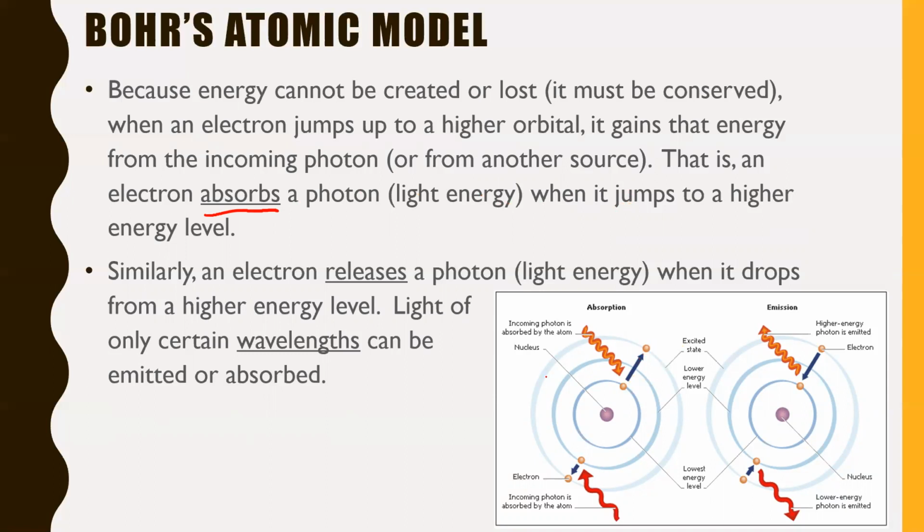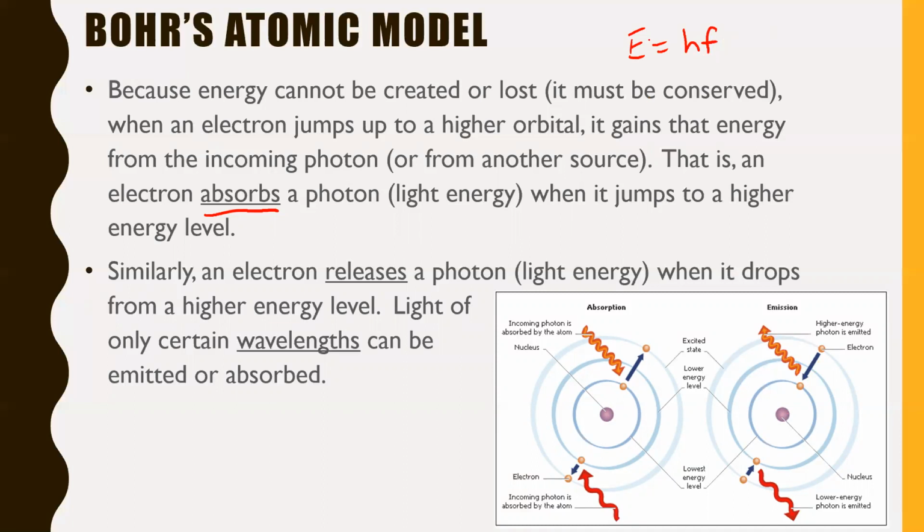Now, similarly, an electron will release a photon when it drops from a higher energy level. In other words, if the electron wants to go to an inner orbital level, it would have to lose energy, and the energy doesn't just vanish into thin air. It gets released as a photon, so it's some sort of light wave. Depending on how much energy gets released, that would indicate how much energy is in that photon, and therefore what kind of photon it is, because hopefully you remember E equals h times f.